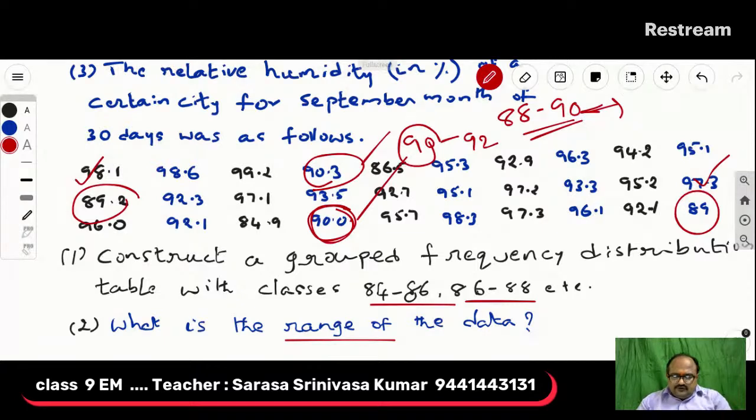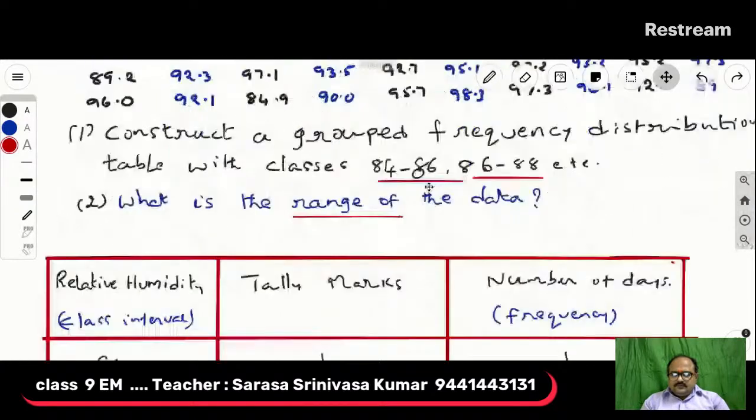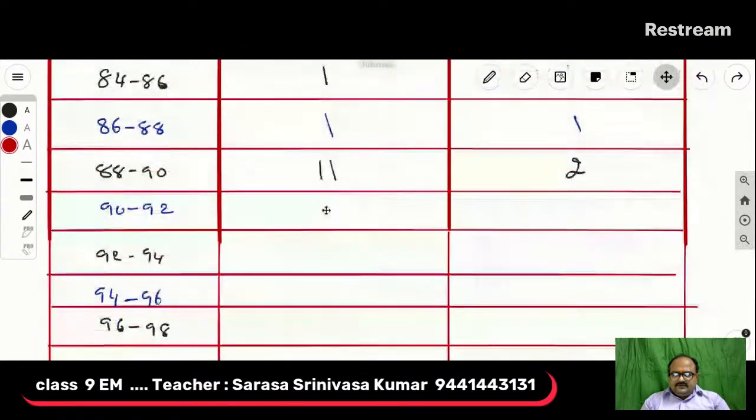This is what you should remember. So we have two observations in this class interval, 90.3 and 90. The tally marks are 2 and the frequency is also 2.